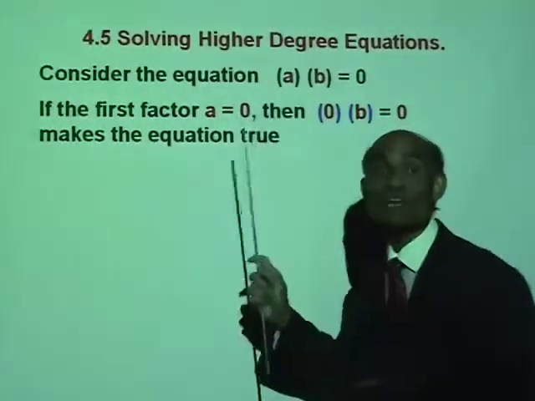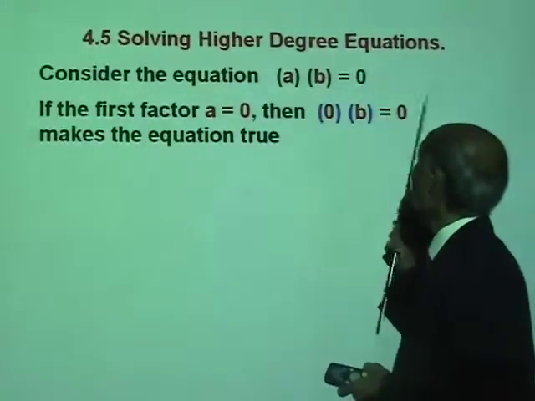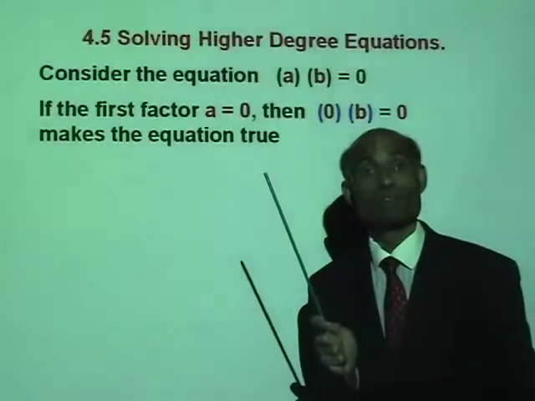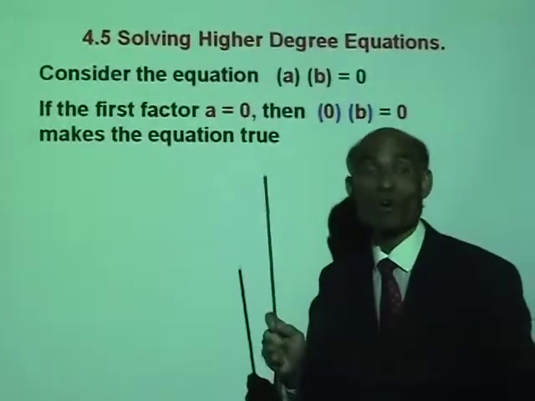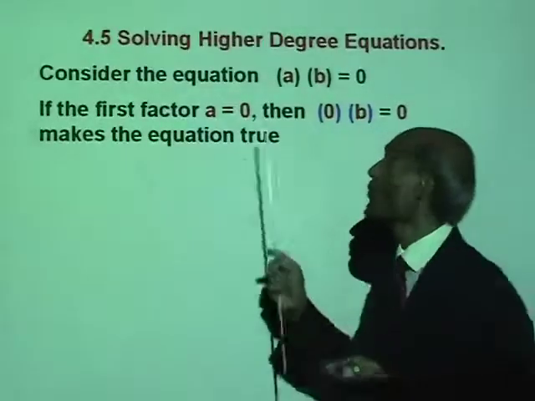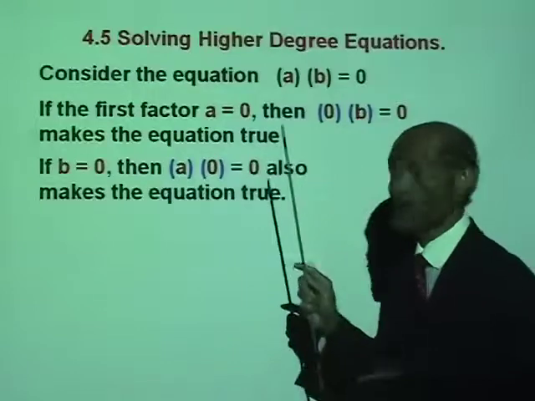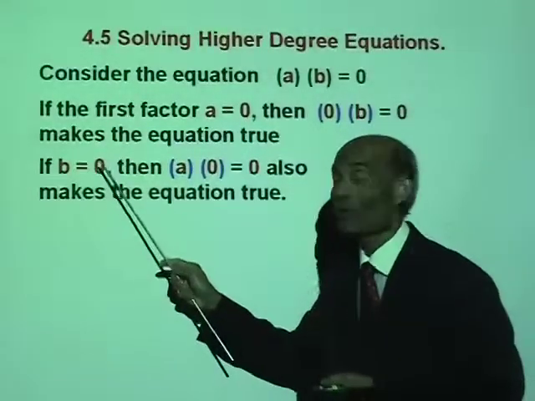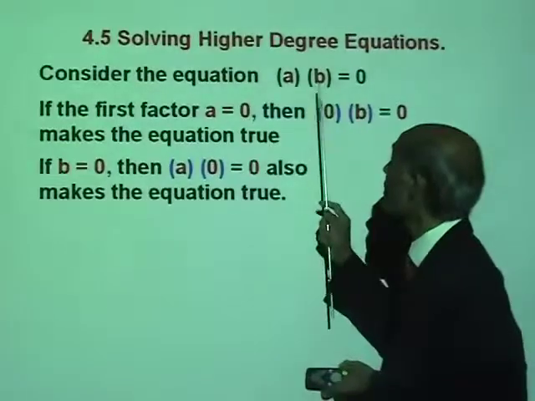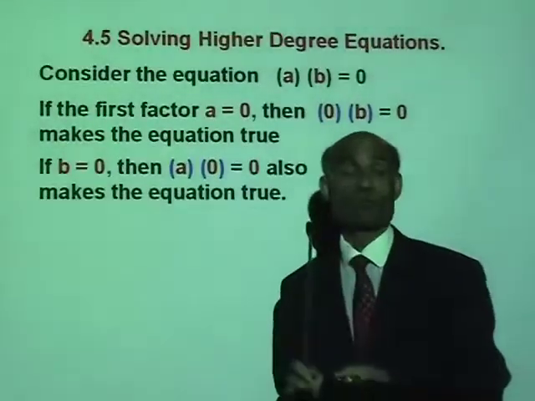If a equal to 0, then 0 times b will be equal to 0. So, a times b equal to 0 will become true when a equal to 0. Now, it can also become true when b equal to 0. If b equal to 0, a times 0 will be 0.